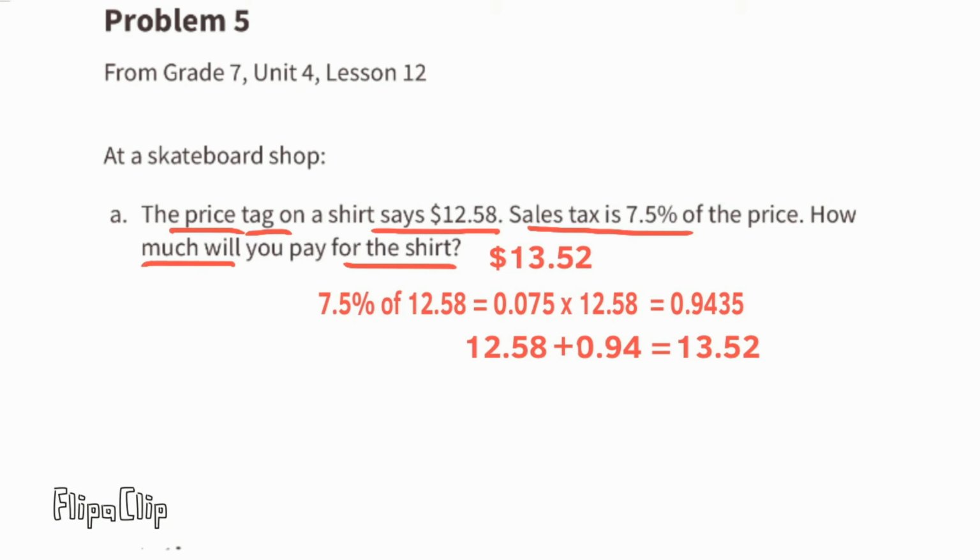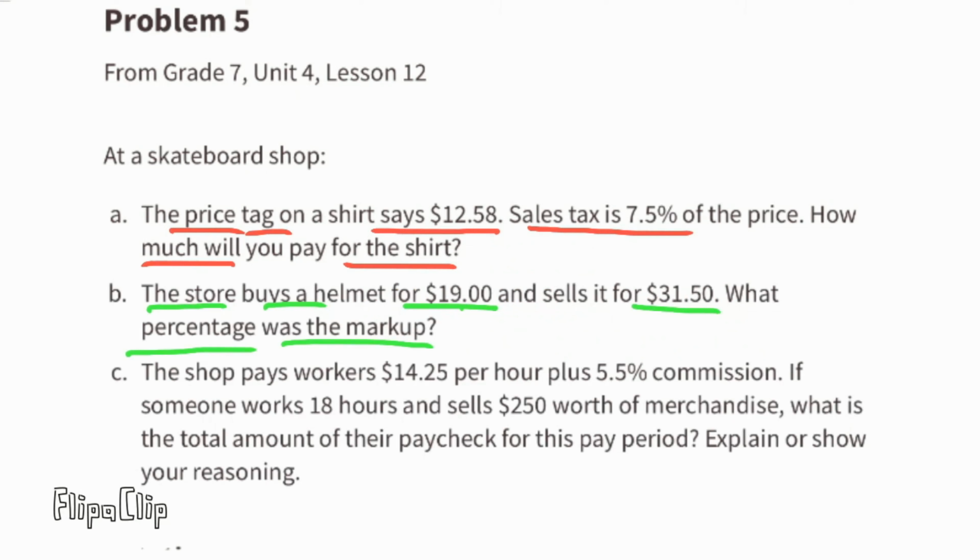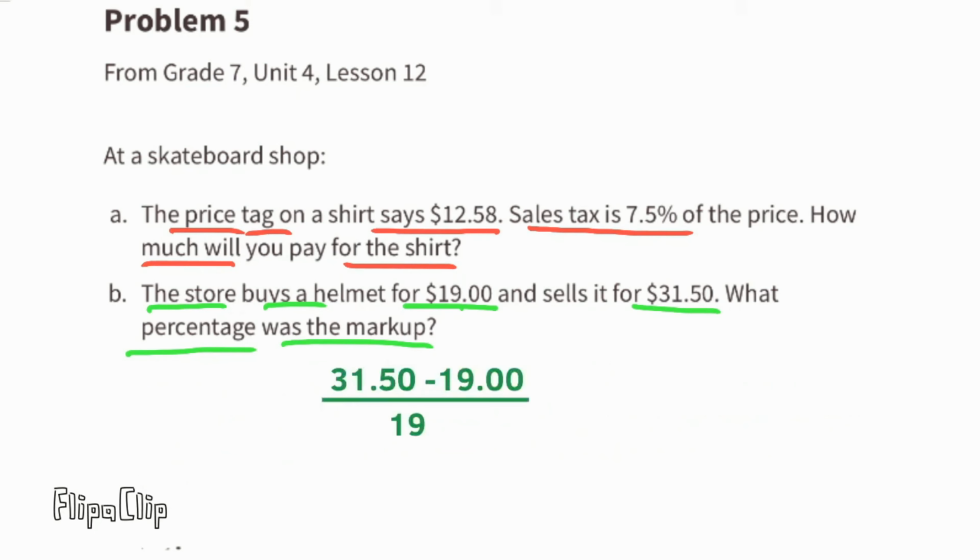B. The store buys a helmet for $19 and sells it for $31.50. What percentage was the markup? First, let's figure out what the markup was. $31.50 minus $19 will tell us how much the markup is. And we can divide that by 19, the price they bought the helmet for, to find the percent of the markup.